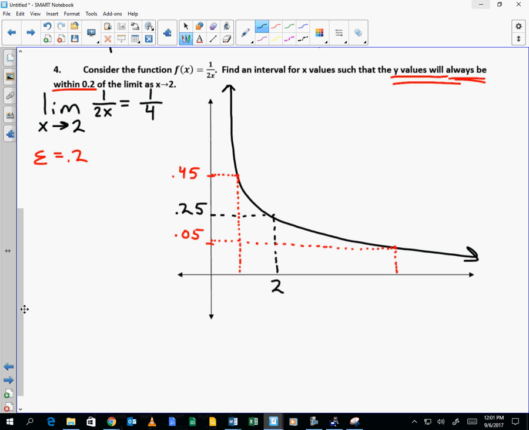Is it possible for us to figure out where this function, f of x equals 1 over 2x, is it possible for us to figure out the x value that gives us an output of 0.45? How do we do that? Yeah, 1 over 2x equals 0.45.